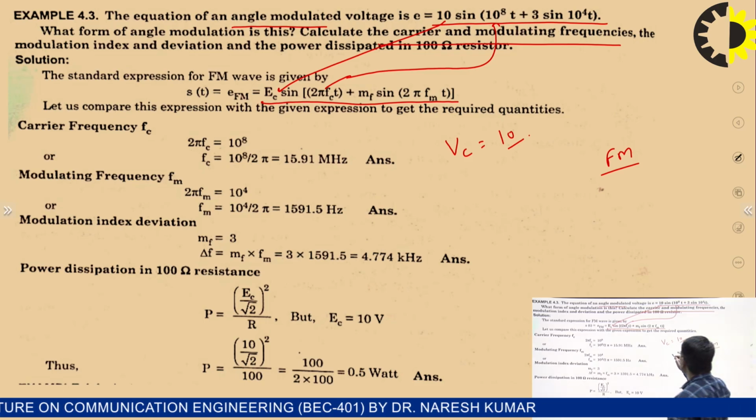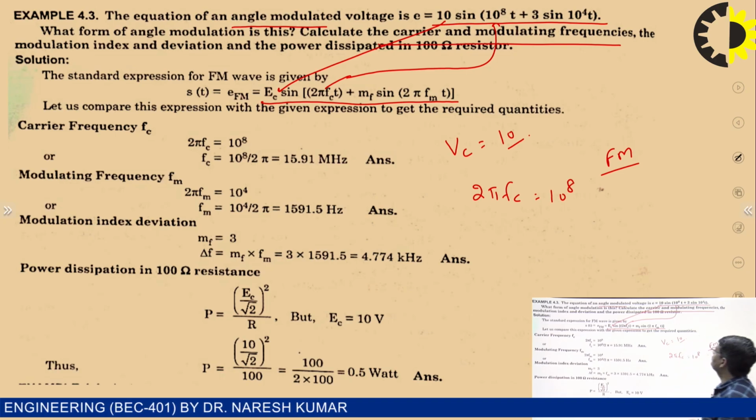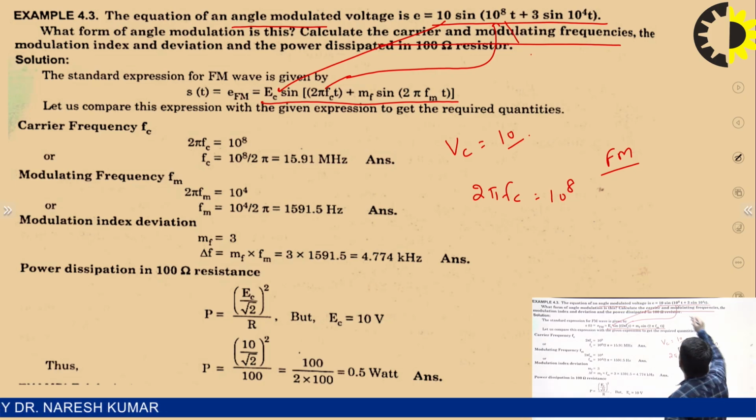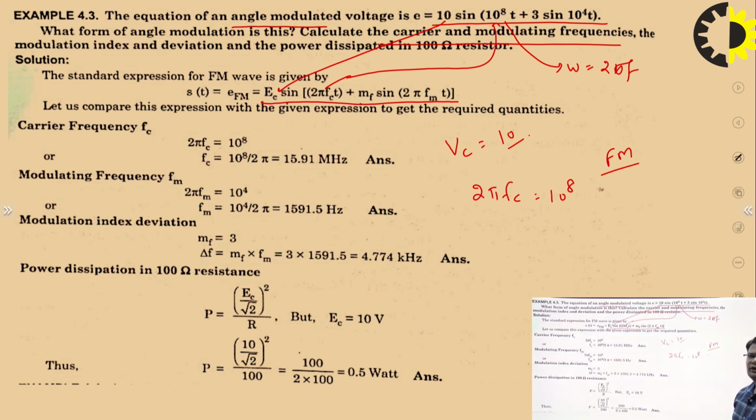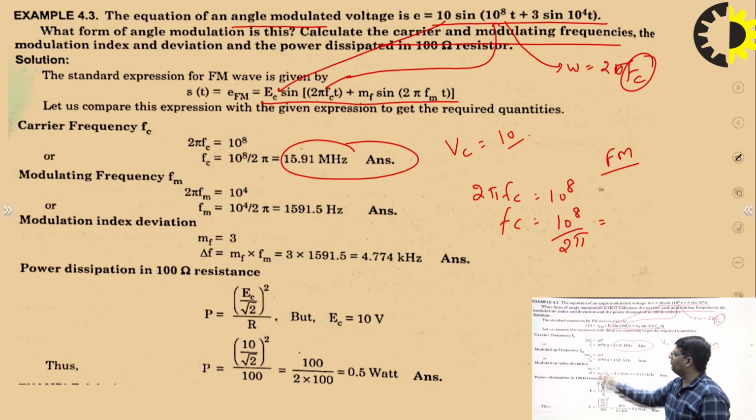So we can write 2 pi FC equal to 10 raised to power 8 hertz, because omega is 2 pi f. So if we compare with the standard equation, this f is basically the carrier frequency. So the carrier frequency can be calculated as FC equal to 10 raised to 8 divided by 2 pi. So this comes out to be 15.91 megahertz.